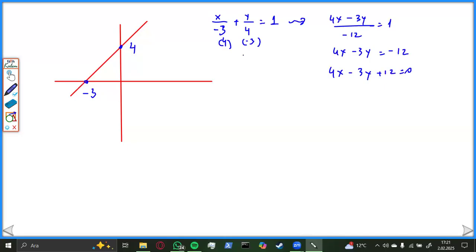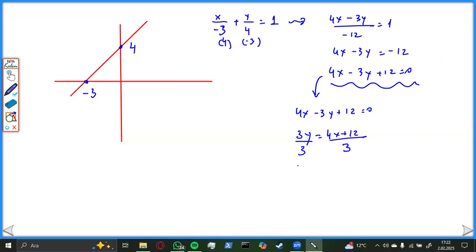By using this method, you find the equation in general form. If you are asked to find the equation in gradient intercept form, you can also convert it, but be careful, you need y alone. So 4x minus 3y plus 12 is 0, so 3y is 4x plus 12.